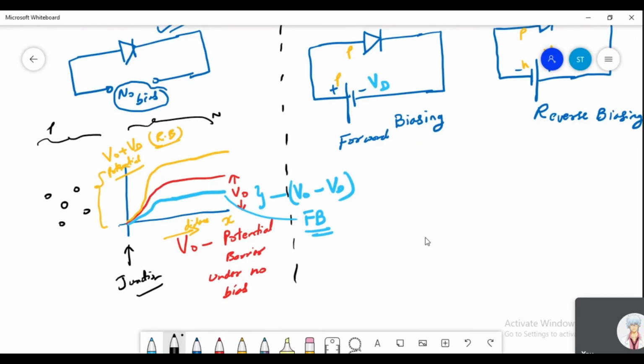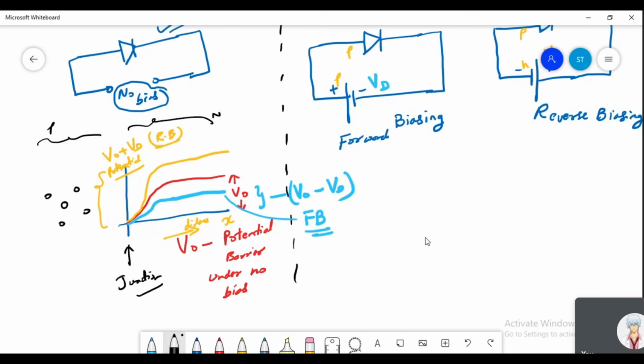This P region, and the right side is the N region. When you are forward biasing, you are reducing the barrier, so it's easy to cross this barrier. It's easy for the majority charges, that is the holes on the P side, to cross this barrier when it is forward biased.